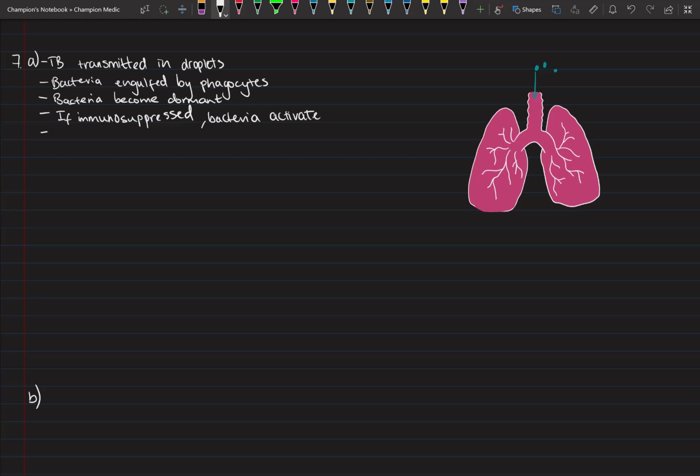After the bacteria have begun to replicate, you're going to have the bacteria destroying alveoli, which are the sacs in the lungs where gas exchange takes place. If your alveoli are destroyed, you're going to end up with fibrosis, which is scar tissue in the lungs, and the scarring means that your connective tissue is not going to be the same again.